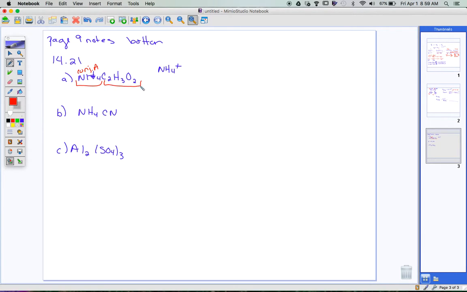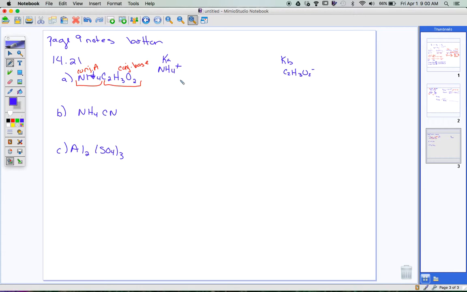And the C2H3O2 is the acetate, which is going to be the conjugate base of the weak acid, acetic acid. So you're going to need to know the Ka for the NH4 plus, and you're going to need to know the Kb for the acetate ion.